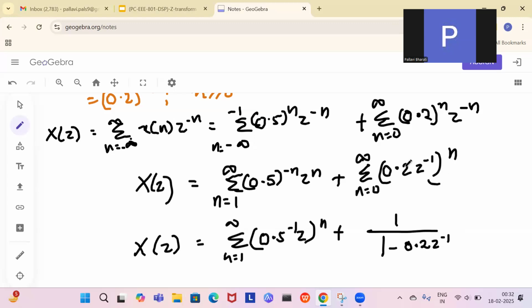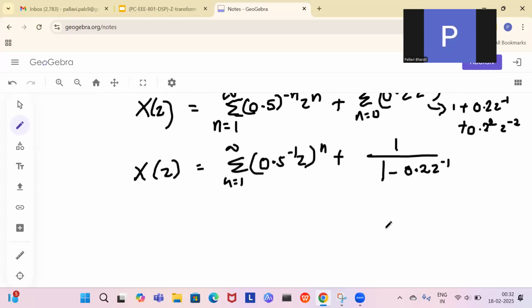Why? Just see this part. The first term is 1. The second term, when you put the value 1, is 0.2 z inverse. Third term, 0.2 to the power 2 z to the power minus 2. So if you divide these, you are going to get 0.2 into z to the power minus 1. That is your common ratio.